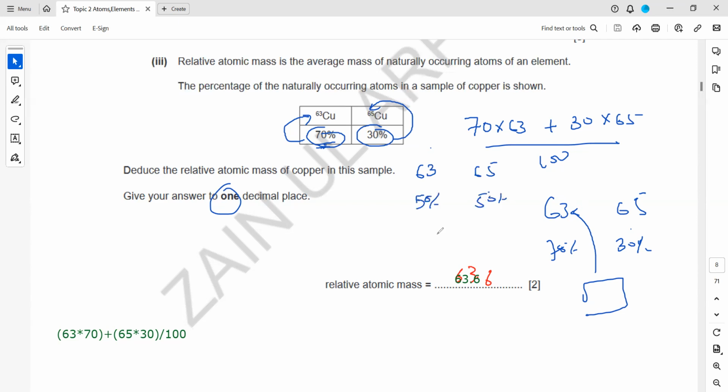If both are equal, then the average mass will be in between them. The number in between is 64. So when they are equal percentages, the average mass is the same as the mean. But when they are not equal, the average mass shifts towards the one with the greater percentage.